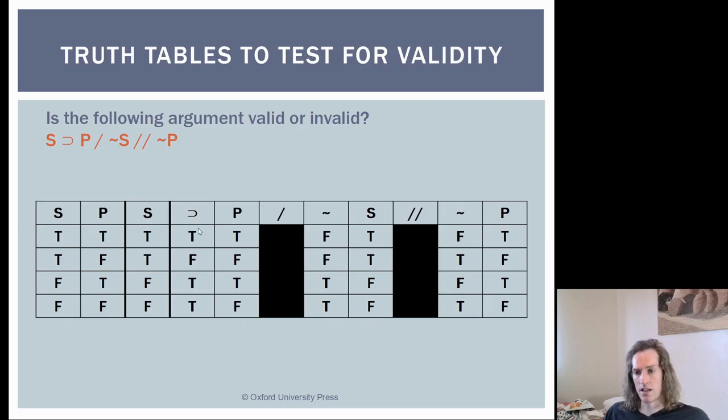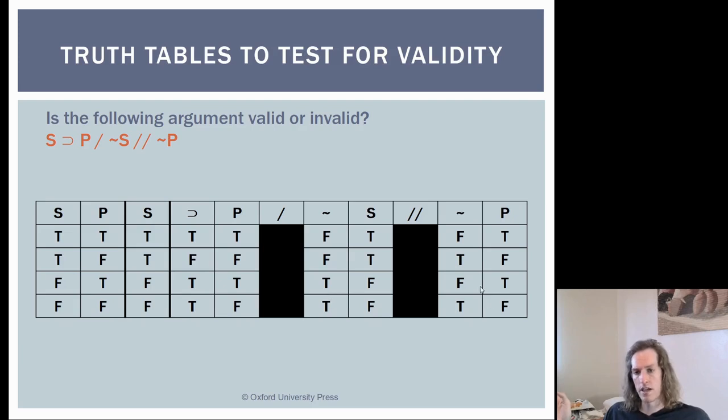If we fill in all of the values here, we're going to get 3 situations in which if S then P is true, and 2 situations in which not S is true. So we only need to look at the cases in which both of the premises are true. And that's going to be these latter 2 cases.